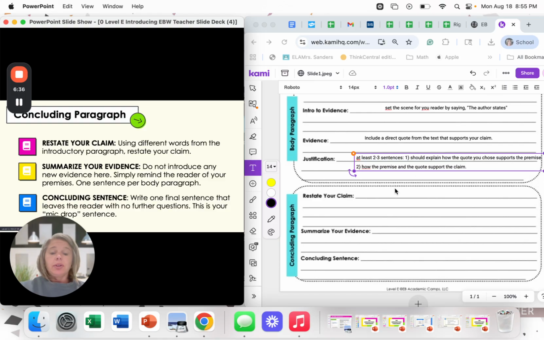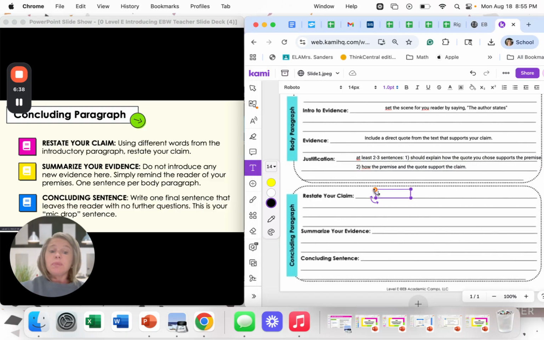Lastly, your last paragraph should be the easiest because you're just rewriting what you've already written just with different words. So you're going to restate your claim with different words. You're not going to introduce anything new at all. You're just going to remind the reader, and without saying remember, remind the reader of your premise.